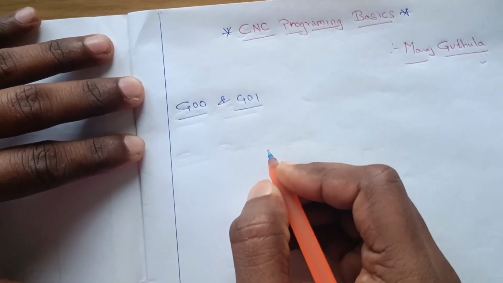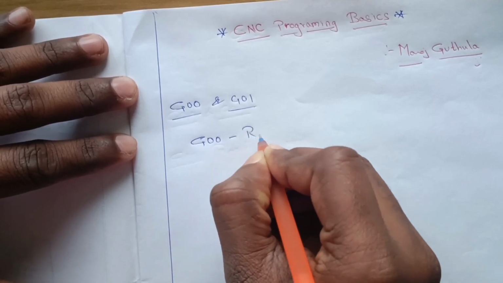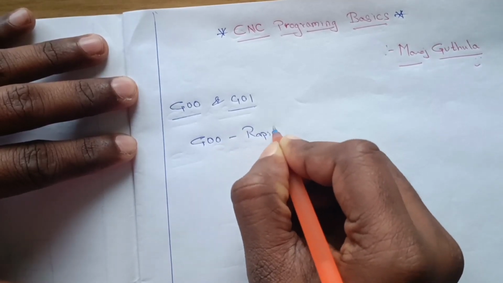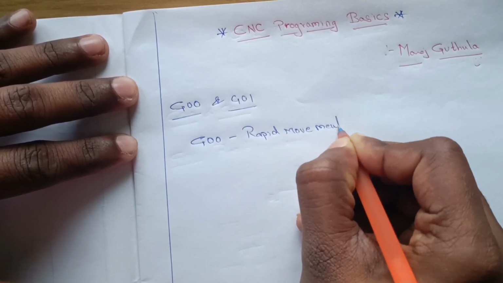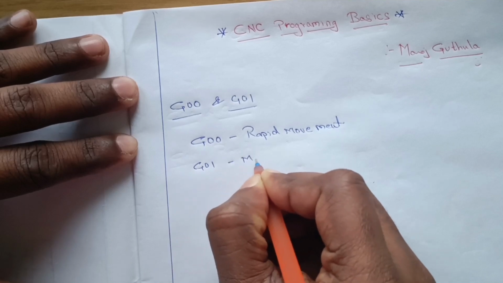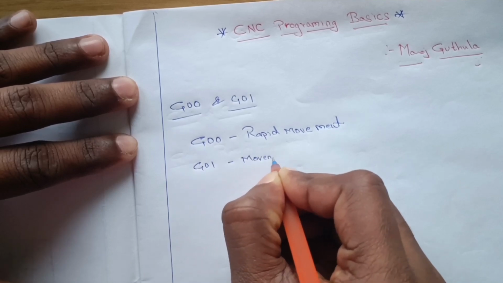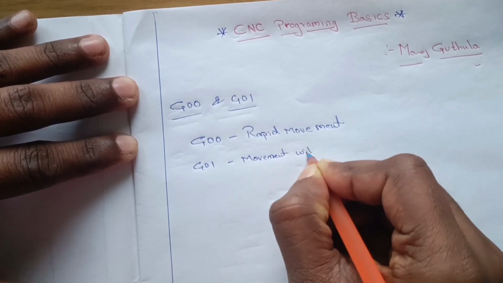I already said that G00 is rapid movement, and G01 is movement with feed.